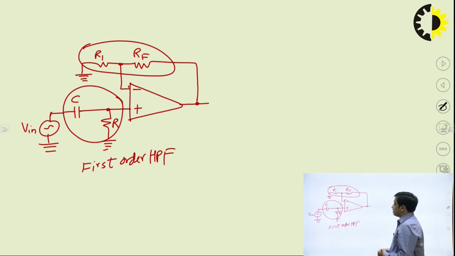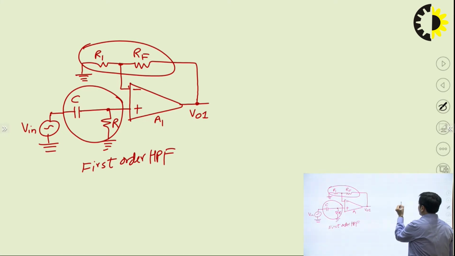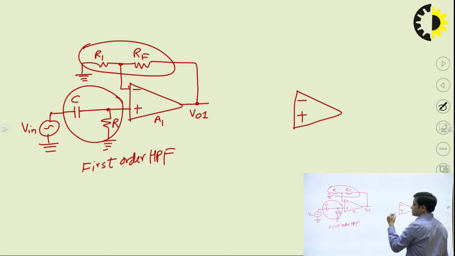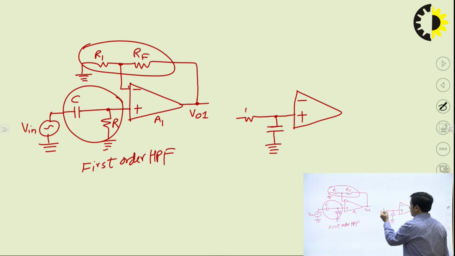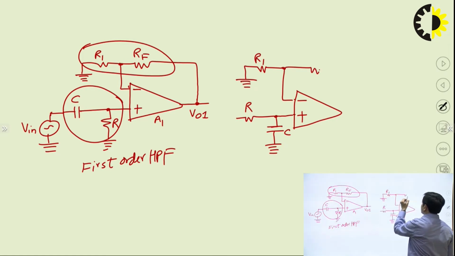The output of this first order high pass filter, let's say it is VO1, and this is op-amp A1. Now we need to draw the first order low pass filter also. To draw the first order low pass filter, we just interchange R and C. So the circuit is this one, and again to provide the gain we are required to connect two resistors, R1 and RF.